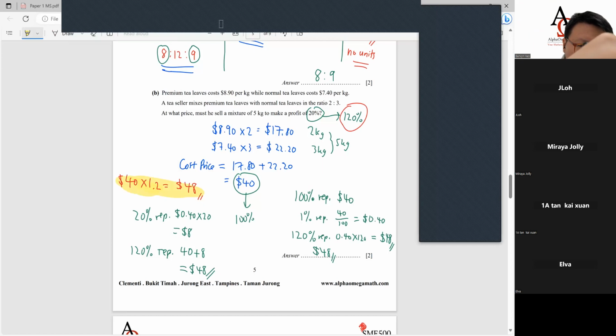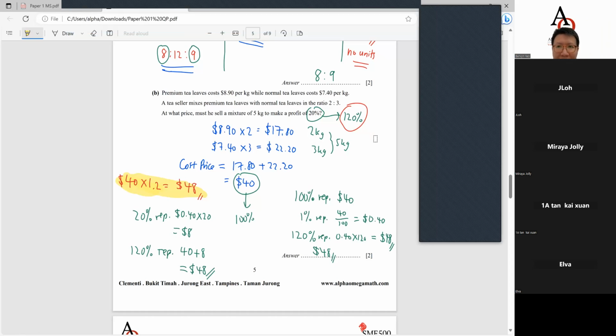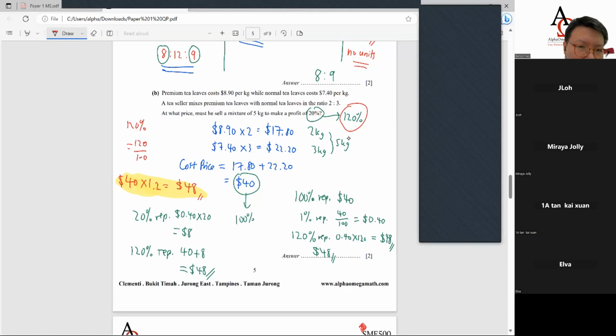It is much faster. Go by decimals. So for example, if it's an increase of 30%, I can do 40 times 1.3. It will work. Now, because 120% is the same as 120 over 100, this is the same as this, which is simply 1.2.